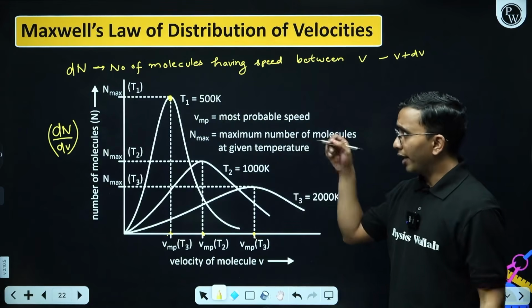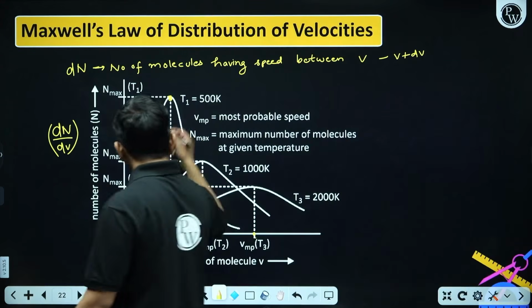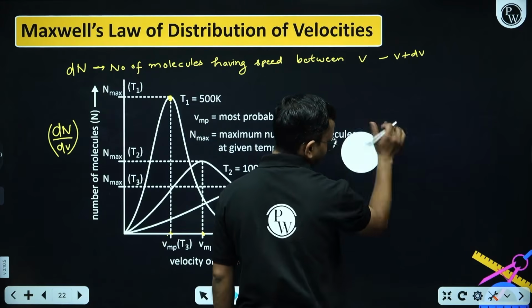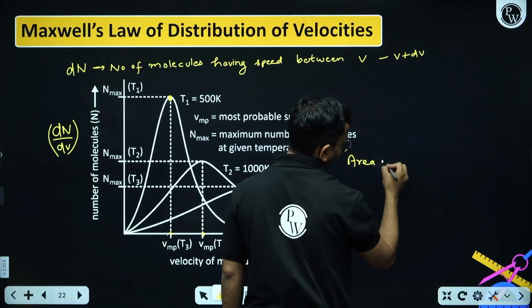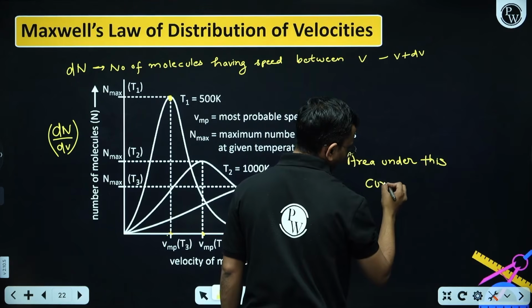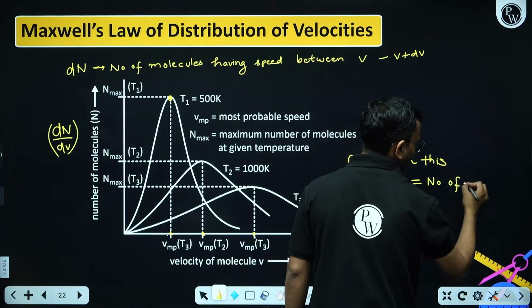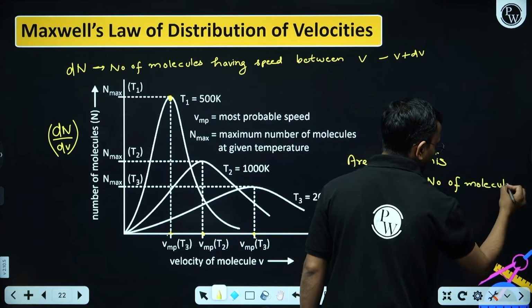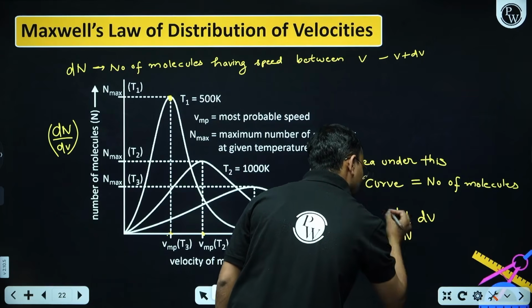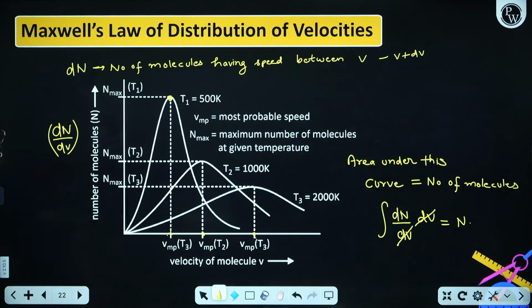Let me write it here: the area under this curve will give us the number of molecules, because that is the integration of dN by dV into dV.